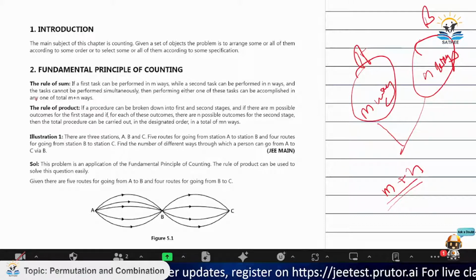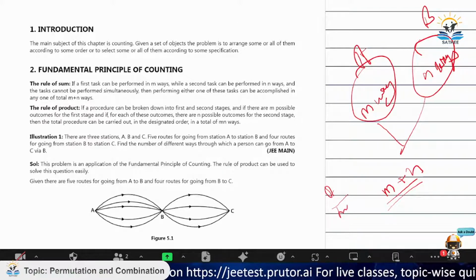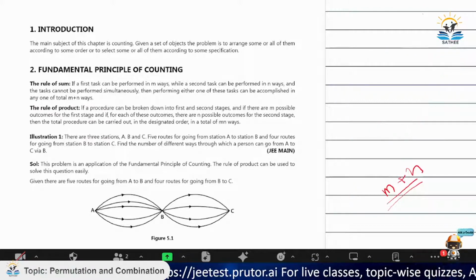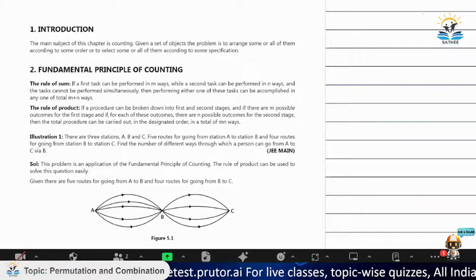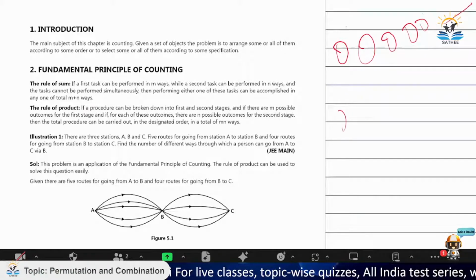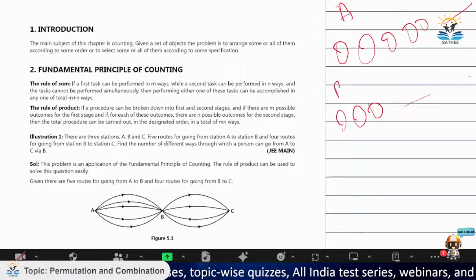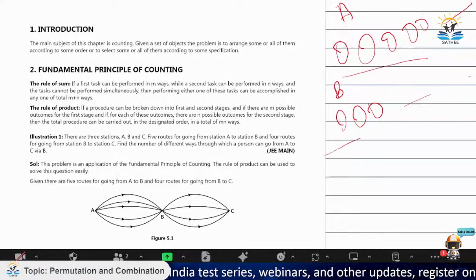Because if you see, a को करने के m ways हैं, ठीक है? Let's just make dashes or squares for understanding it better. So if we have squares here, let this be m squares and let this be n squares, right? तो a को करने के m तरीके हैं और b को करने के n तरीके, और हमें पता है कि दोनों साइमल्टेनियसली हमें परफॉर्म नहीं करना, तो एक को परफॉर्म करने के हमारे पास कितने स्क्वायर हो जाएंगे, m प्लस n हो जाएंगे, राइट?